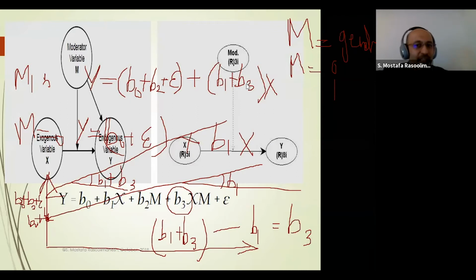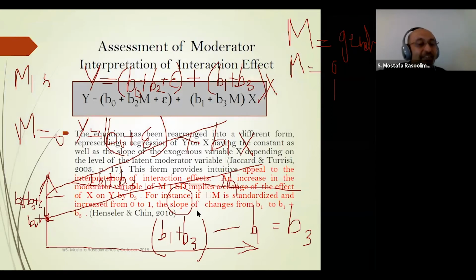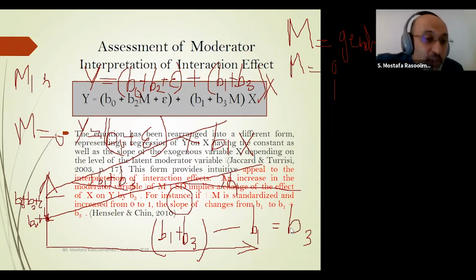So if the coefficient of the interaction effect is significant, it means the difference between the effect of X on Y for the low level and high level of the moderator is significantly different.